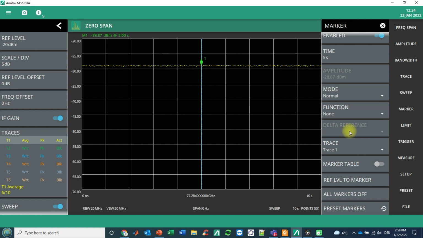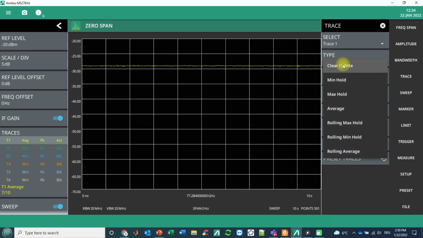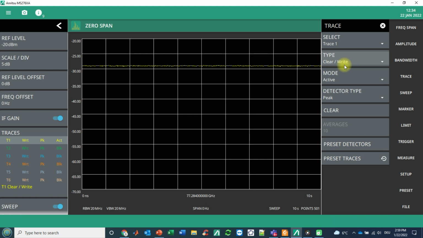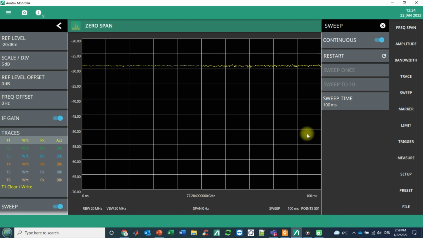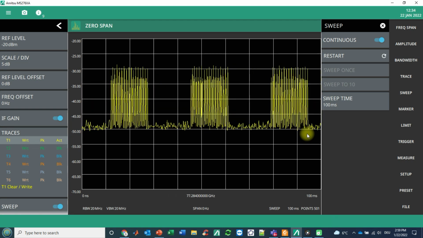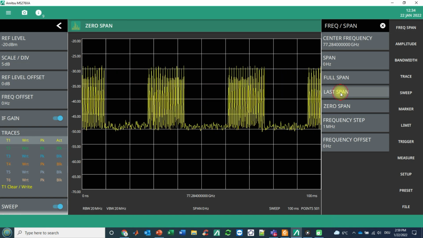Okay, so now let's continue and go back into the so-called frequency domain. We are going back here into the normal operation mode. We are setting our sweep time again to 100 milliseconds. Frequency, last span.